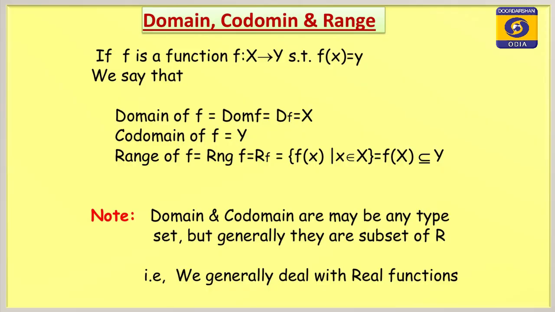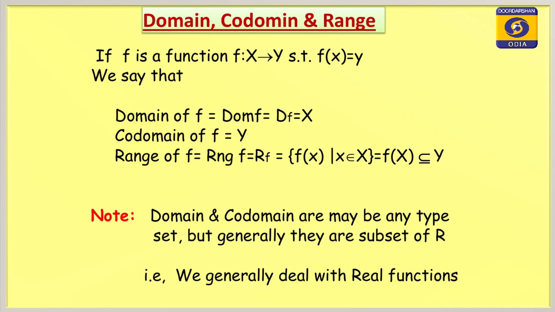Now, domain, codomain and range. If it is a function from X to Y such that f(x) is equal to y. So, domain of f, already I have told you, the left hand side set, that is X, and codomain is right hand side set Y. So, what is range?